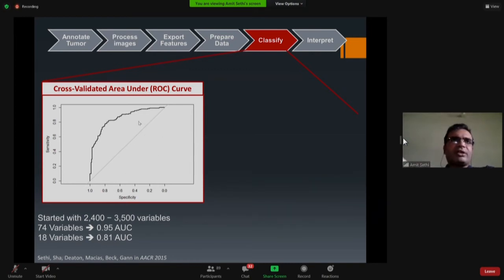The area under this curve will be 1 if it goes perfectly straight up and straight right. Anything below that gives an area less than 1. The higher the area, the better the model. If the curve is on this line, the area will be half, which means the model is not useful at all. And if it is below that line, the model actually predicts the opposite of what it should predict.